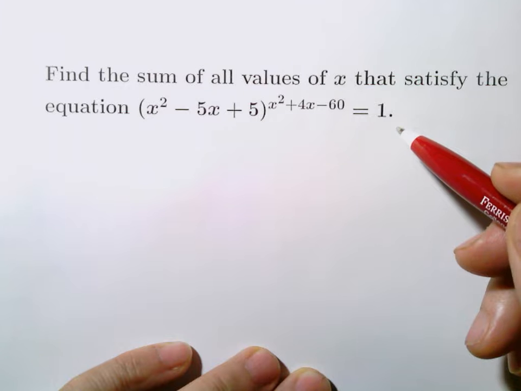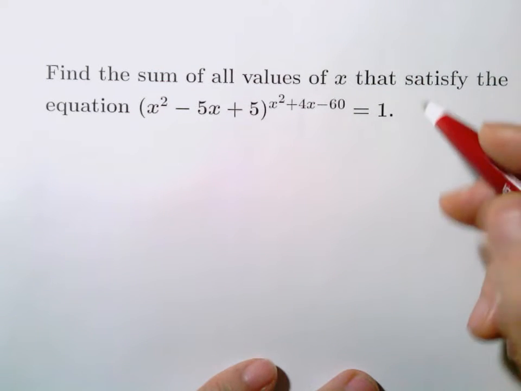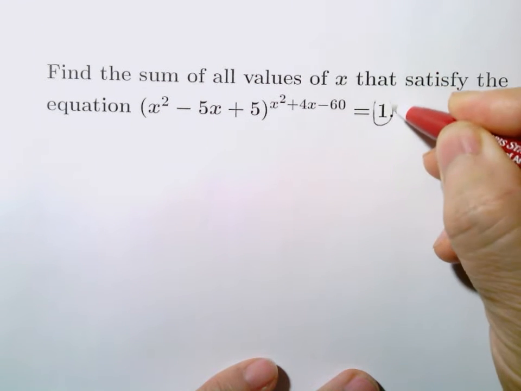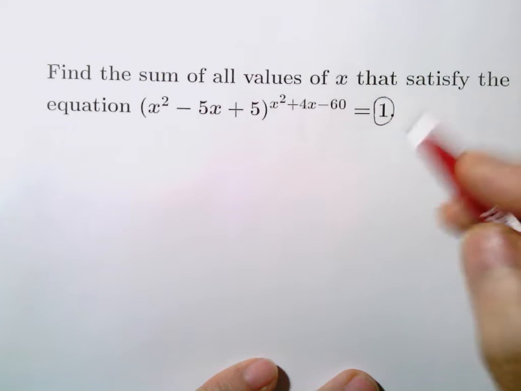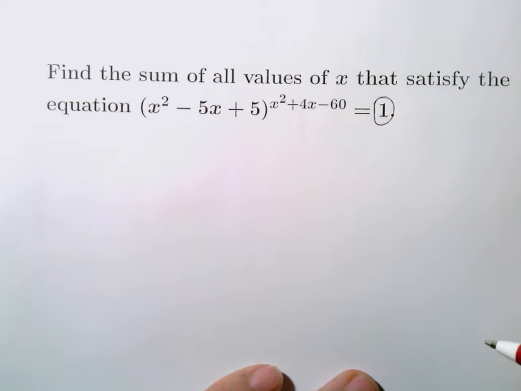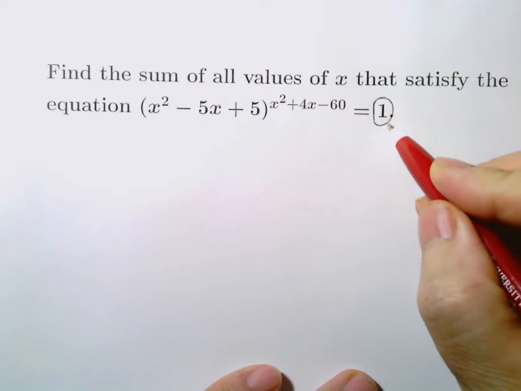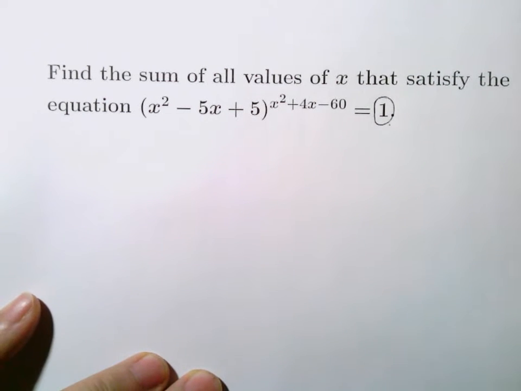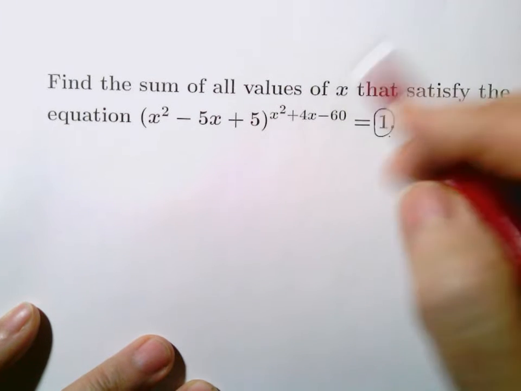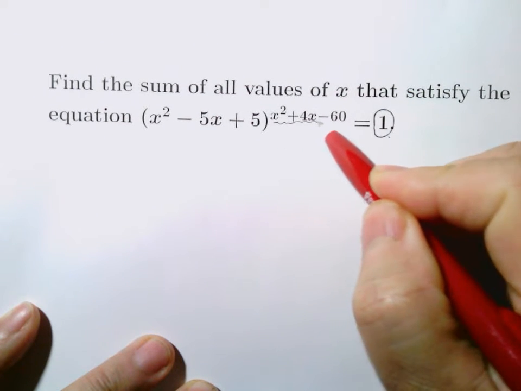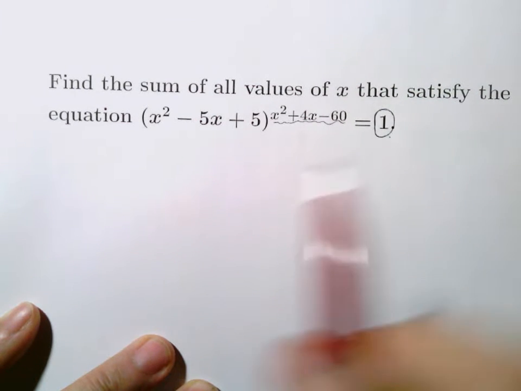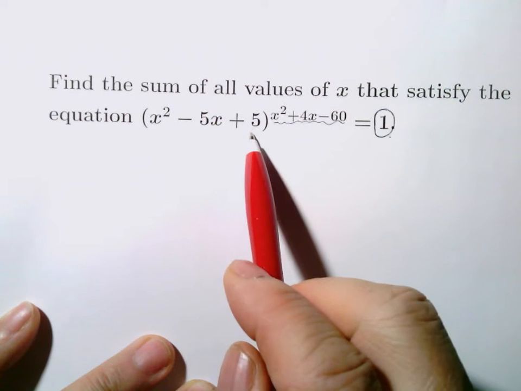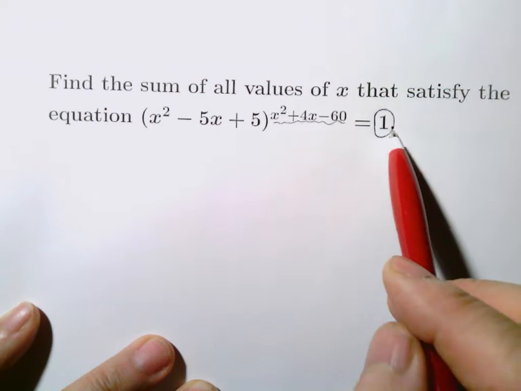But the problem here is, we have this number, and this number is a special number. Because if this exponent is equal to 0, and the base is not 0, then that equals 1.